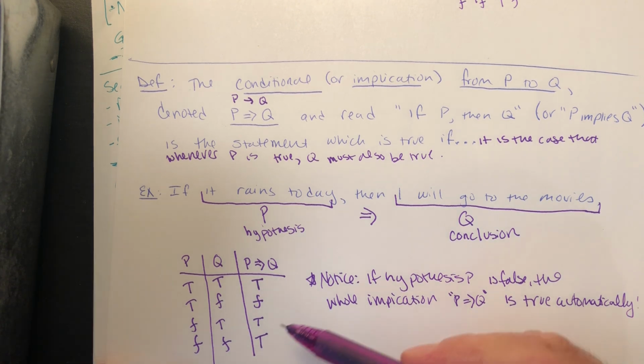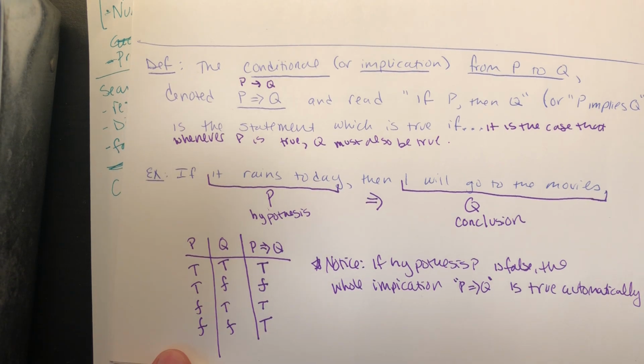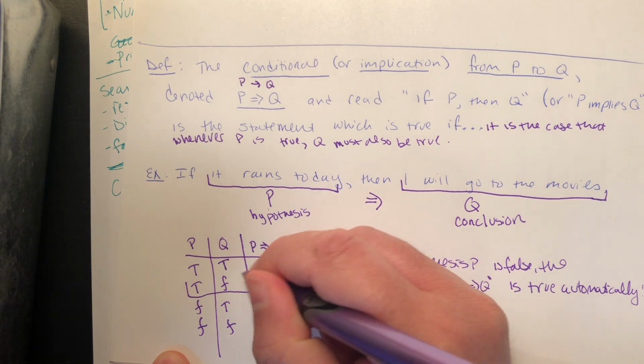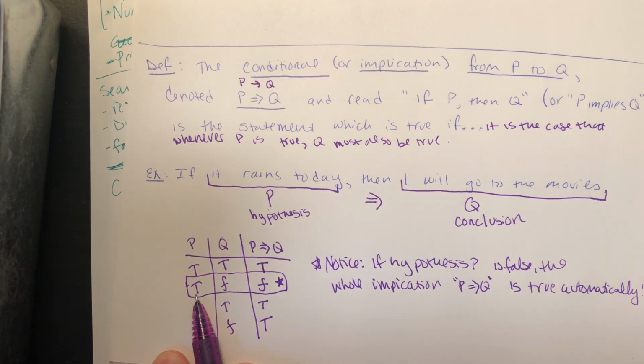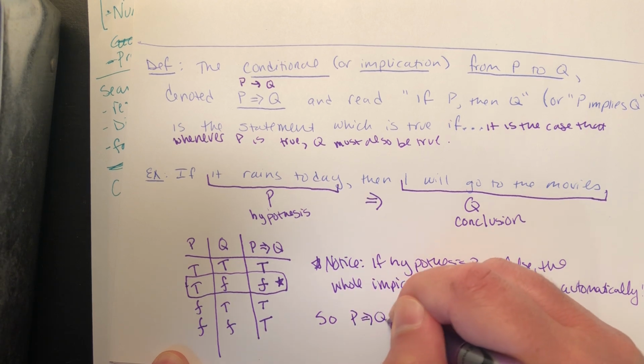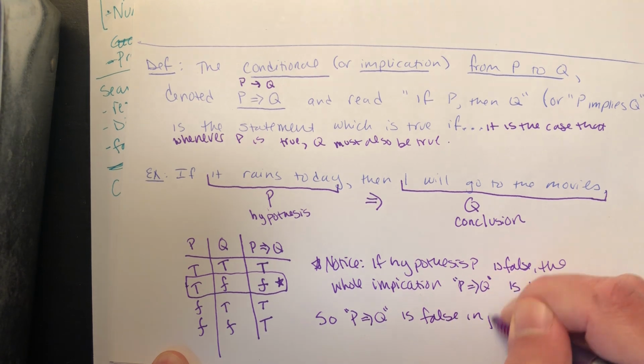And so the other key thing to notice here is if we look at the truth table for P implies Q, it's only false in one case. It's only false when the hypothesis is true and the conclusion is false. P implies Q is false in just one case.